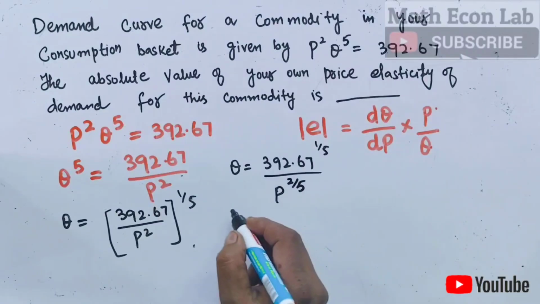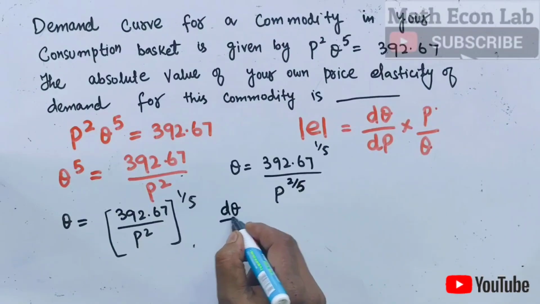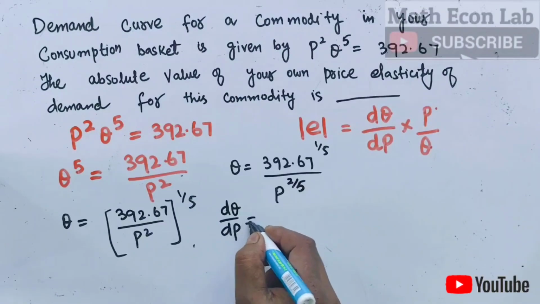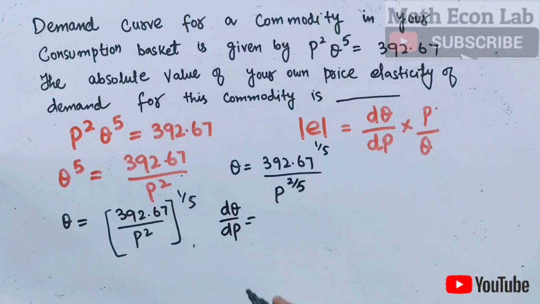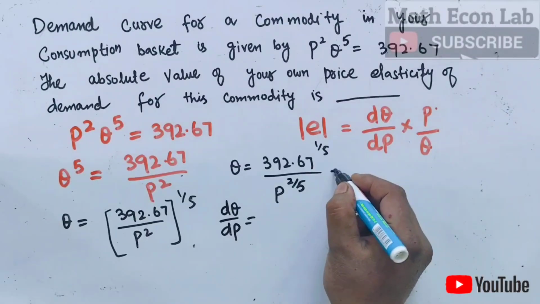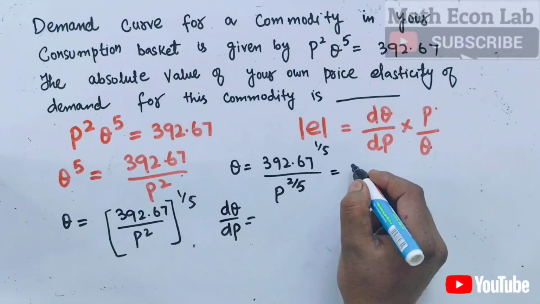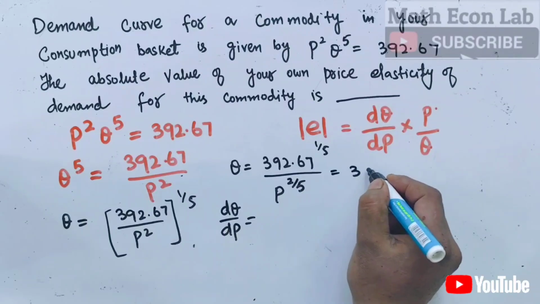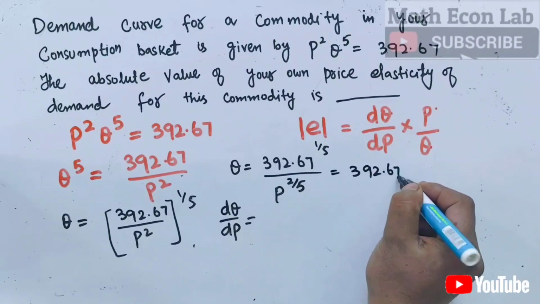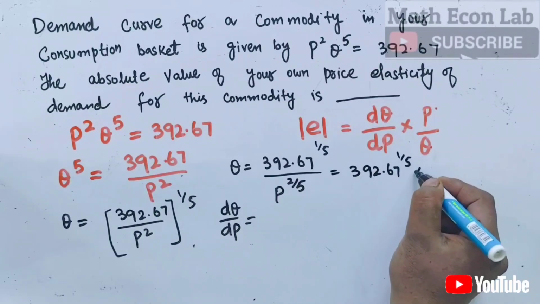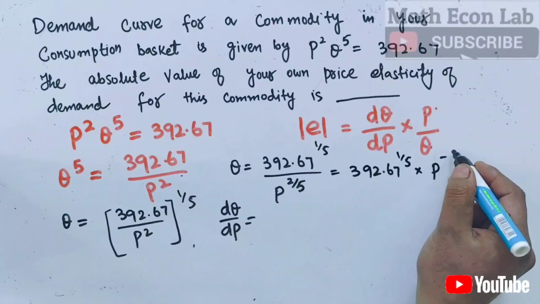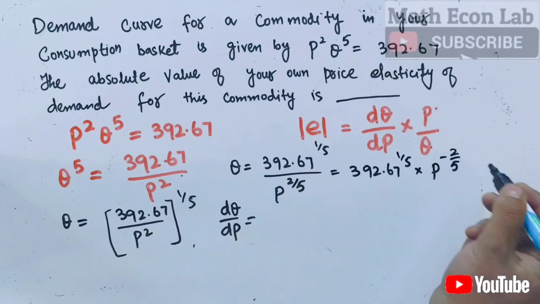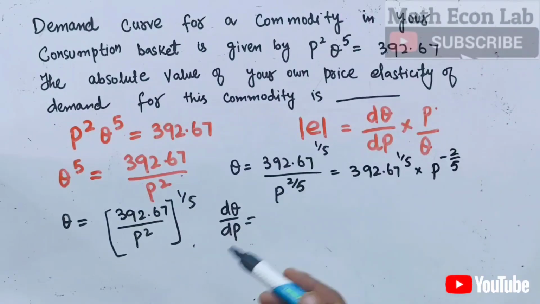Now we can find dq upon dp, the derivative of this function with respect to p. Further solving, it is 392.67 raised power 1 upon 5 times p raised power minus 2 upon 5. The exponent sign changes when I transpose it here.